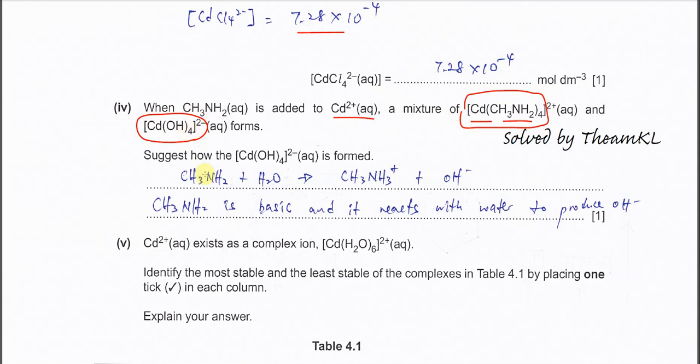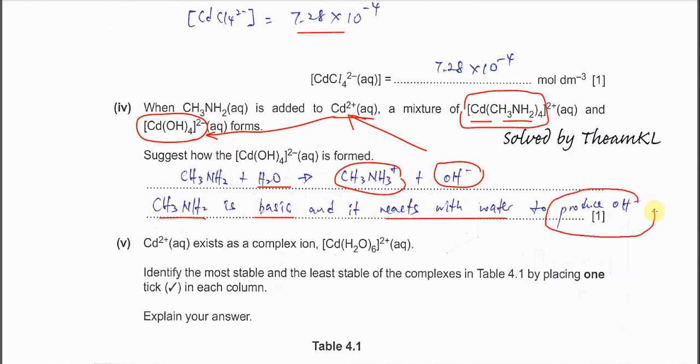Because we know that the methylamine is actually a base, and this base, if you react with the water, to form hydroxide and the ammonium salt. So when the hydroxide form, then this hydroxide will further react with the cadmium and form this complex ion. So that's the reason why, because the methylamine is a basic and is react with water to produce hydroxide.